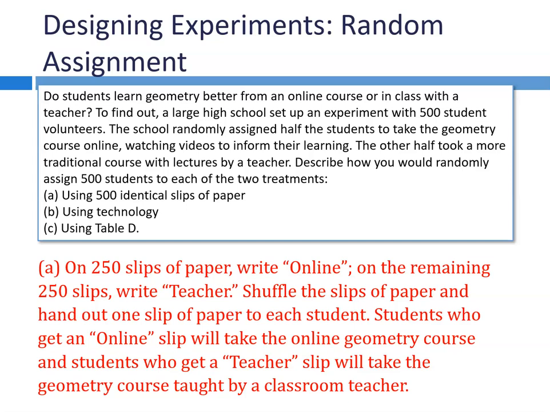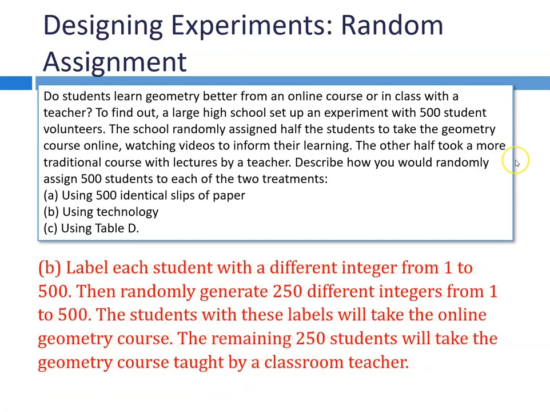This isn't describing the full experiment. If you wanted to go further, you would then have them do this, and then maybe see how they did on the final exam at the end and use that to determine which one was better.